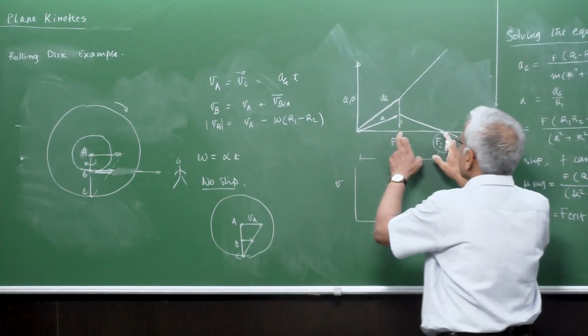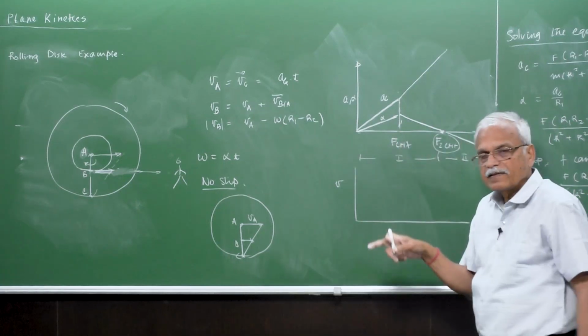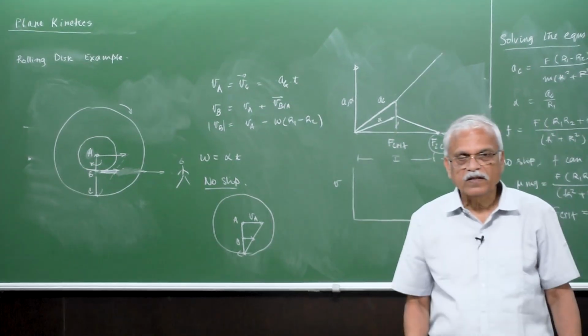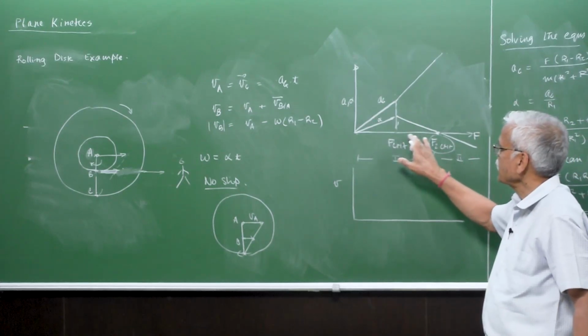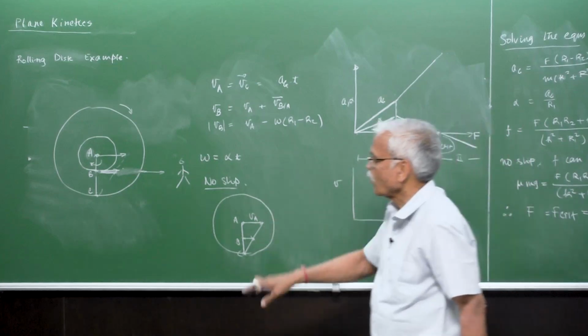Whereas in this portion, it is slipping as well as rolling, so it is not a pure rolling case, not even a pure slip case. In which case this situation still holds good.